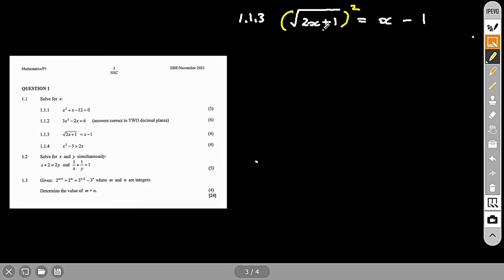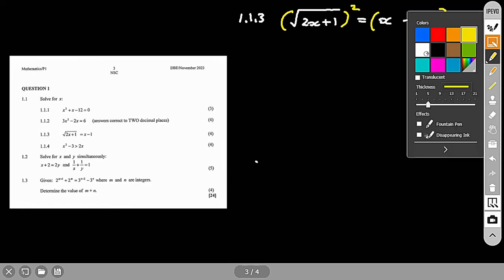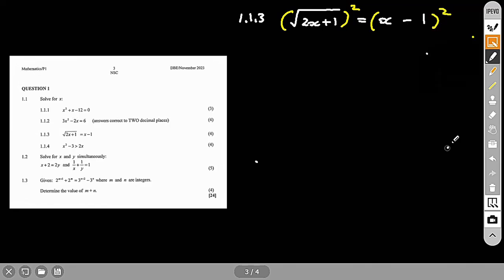To remove a square root, you put a square on everything inside the bracket. So what you do on the left, you do on the right. Now, when you put everything into the square roots, this and this and this will cancel.